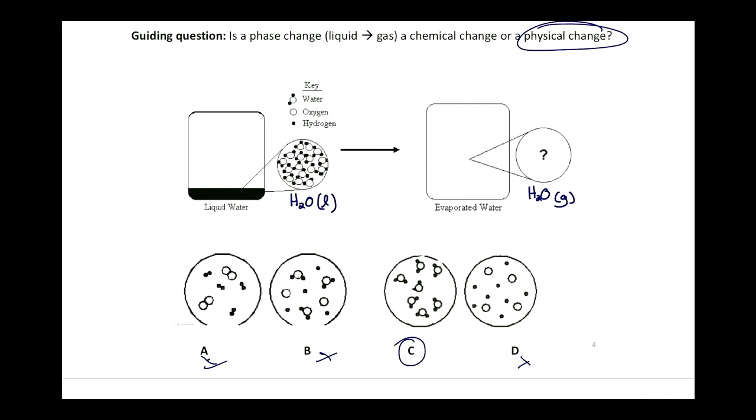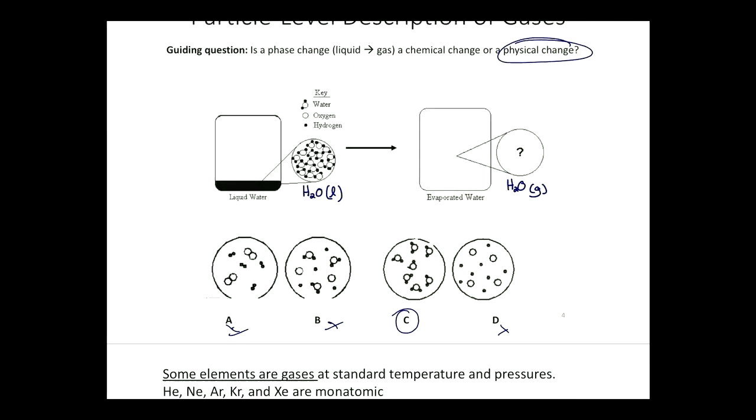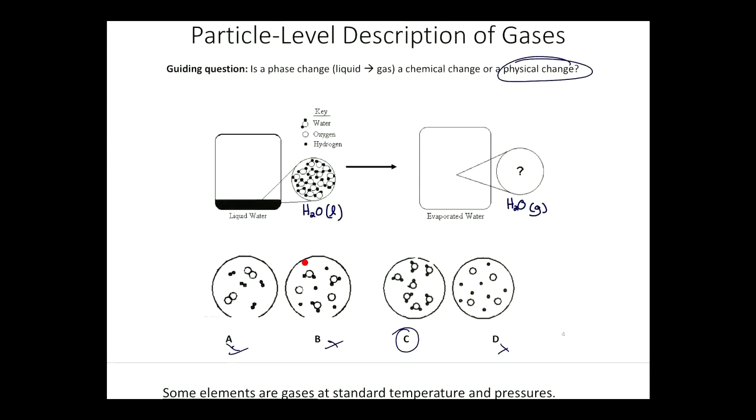So literally when we take a liquid to make it a gas, we're just changing how far apart the particles are from one another. That's why C is our answer. The particles are just further apart, more open space. Okay, good. The misconception is that sometimes students think that when you boil water, it's a chemical change and you get hydrogen and oxygen gas and that's flammable. That doesn't happen when you boil water.